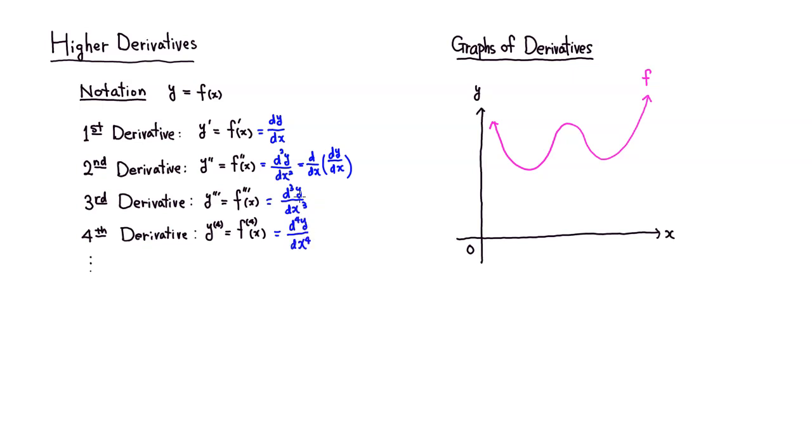If you're talking about, say, velocity, let's say the original function was a position function. If you take the derivative of that, it's a function representing how fast the position is changing. We know what it's called: the velocity. If you take another derivative, the second derivative, this tells you how fast the velocity is changing.